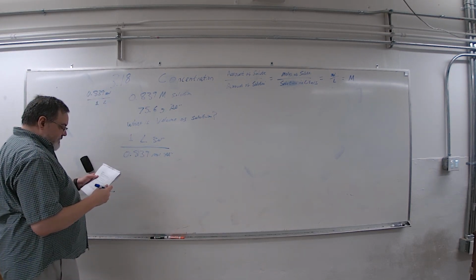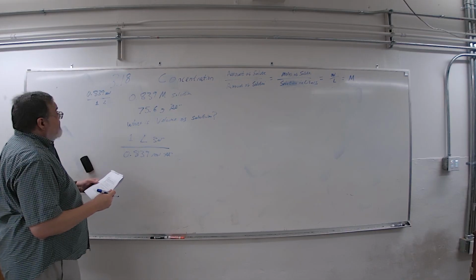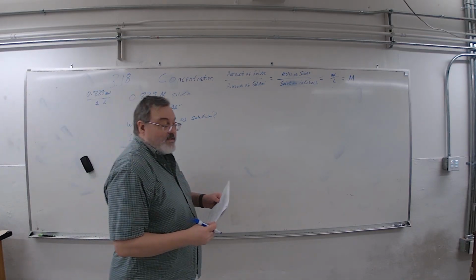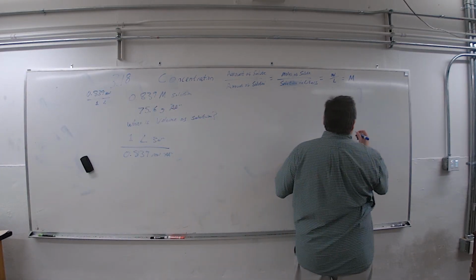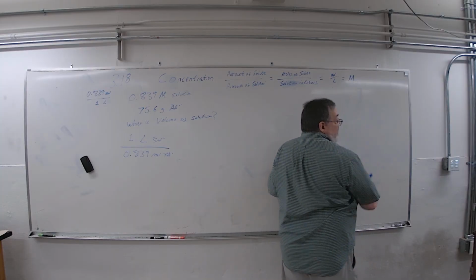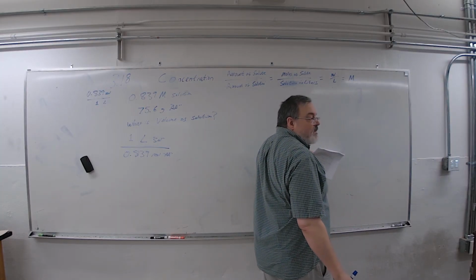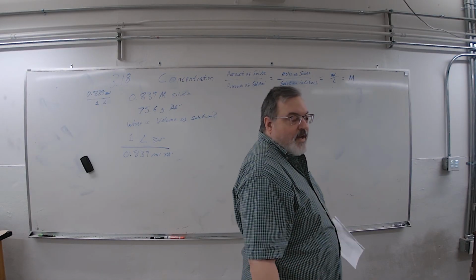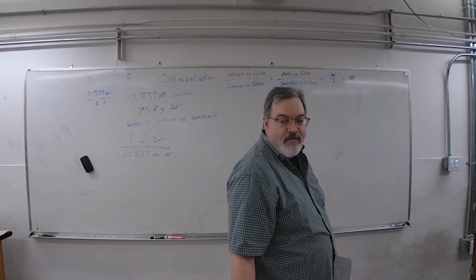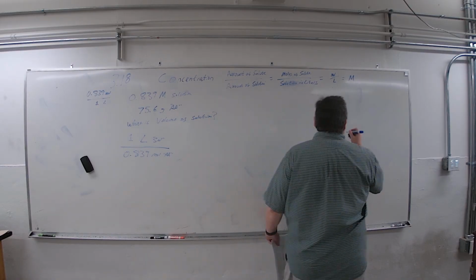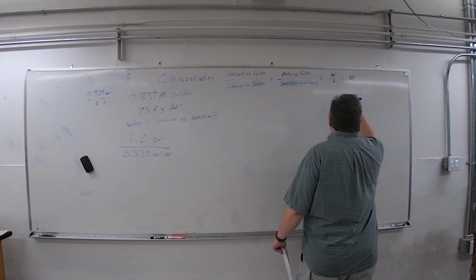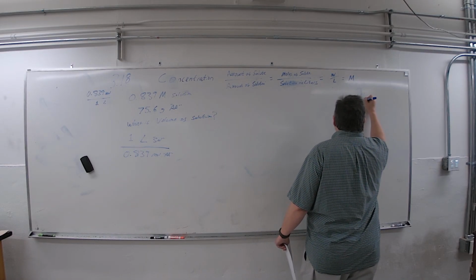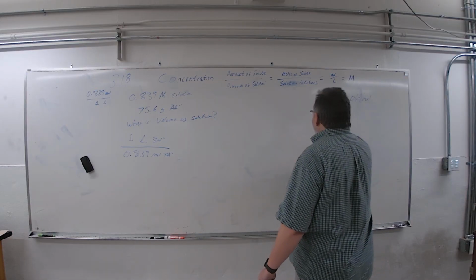Did they give us the grams per mole of acetic acid? We calculated. Anybody taking notes? What was the grams per mole of acetic acid? Was it 60? What was it? I calculated again. It was 60.06. So they're referring back to that other problem.